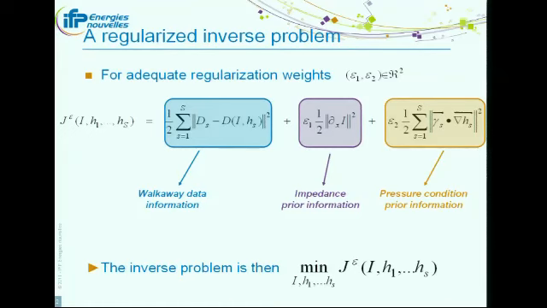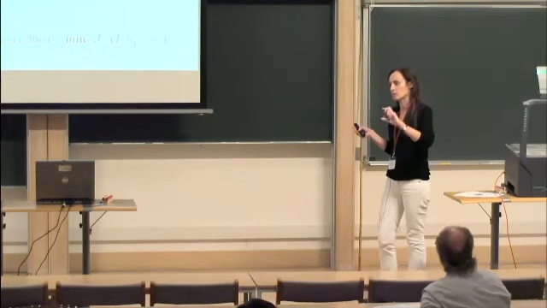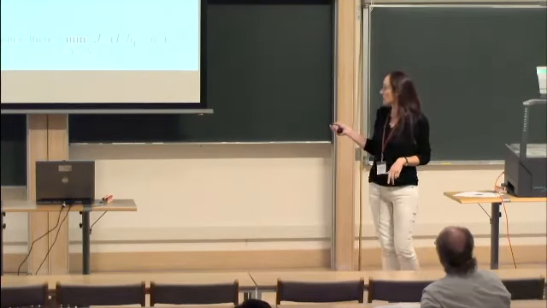So actually we do not have any mathematical proof of the efficiency of these resolutions, but anyway adding these terms make our problem closer to the reconstruction of a one-day medium, and for the reconstruction of a one-day medium we have some mathematical results that show that we have a unique solution up to a multiplicative function, because there is an indetermination between the impedance and the pressure condition up to a multiplicative constant.